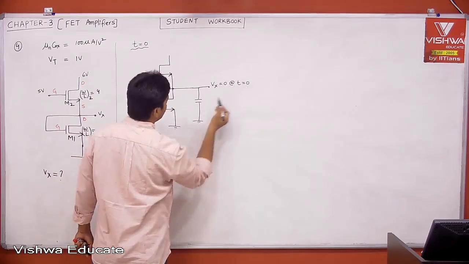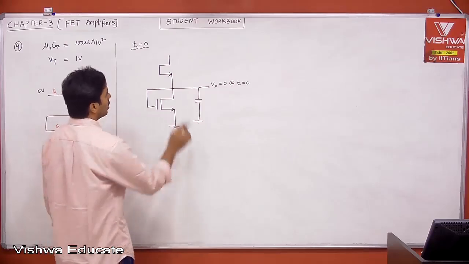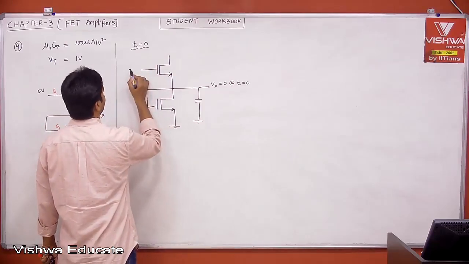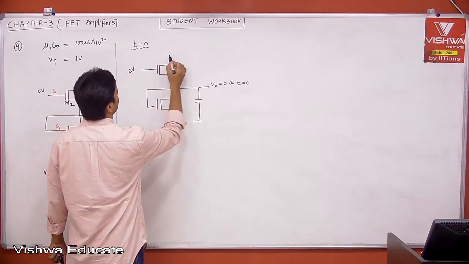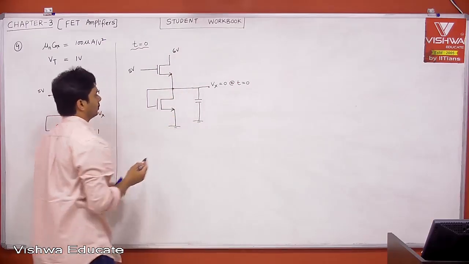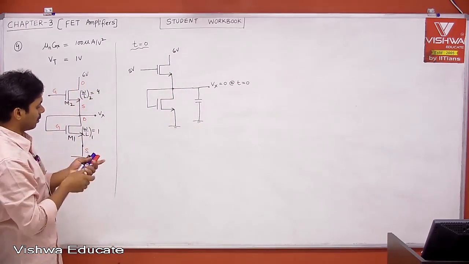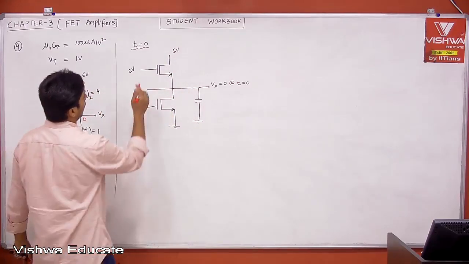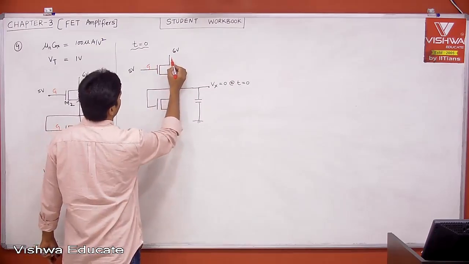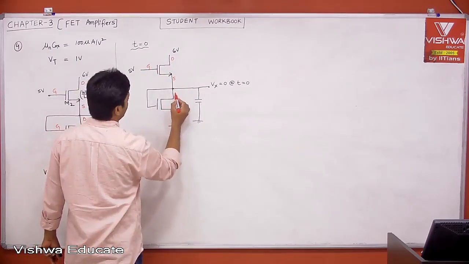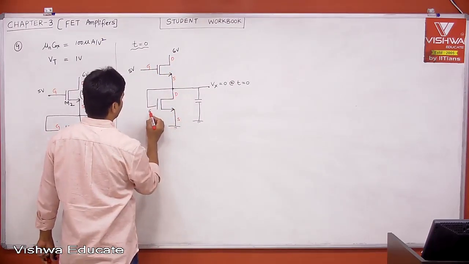I'm just taking the initial voltage as 0. But now this has 5 volt. Now this is 6 volt. Therefore now this is gate, drain, source, drain, source, gate.